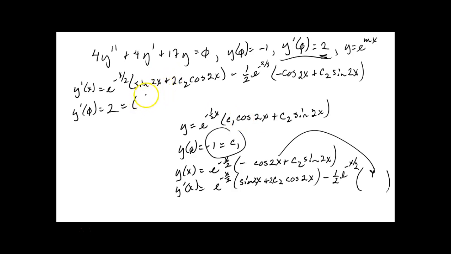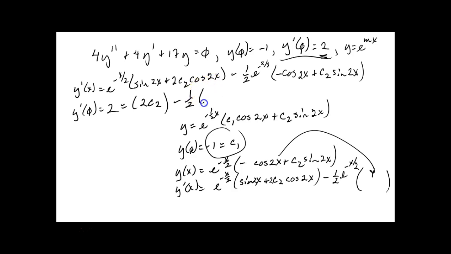And then you have a 2c2. And what's cosine of 0? 1. Okay? So that's by itself. Minus 1/2 of e to the 0, since x is 0, which is 1.